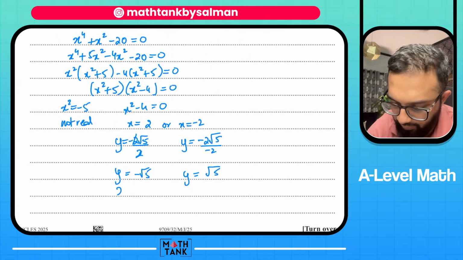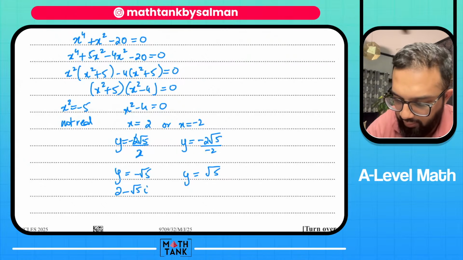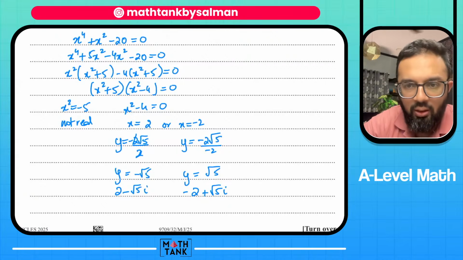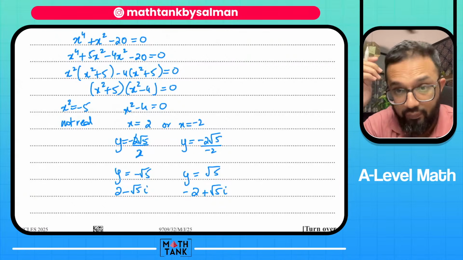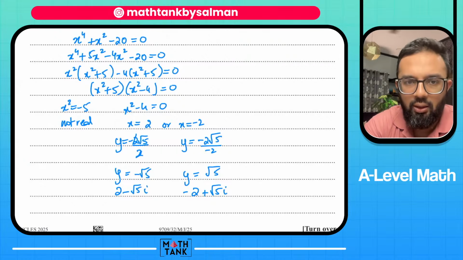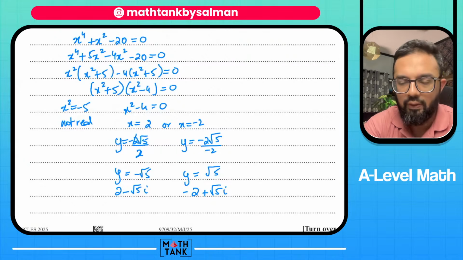So I have 2 minus root 5 i or minus 2 plus root 5 i. I think those should be the correct answers. Let me just verify from my calculations. Yep, those are the two correct answers for this question.